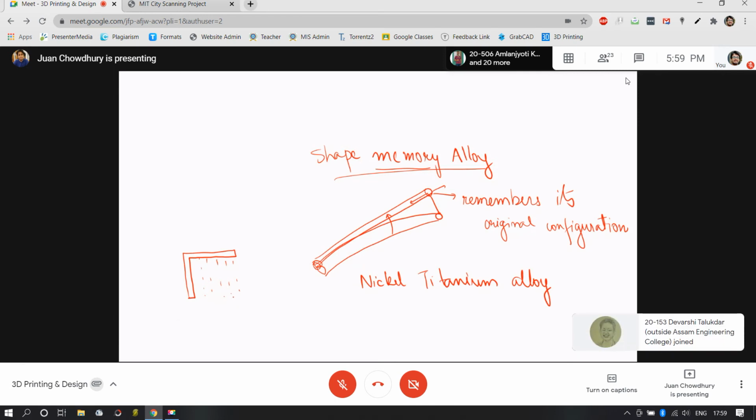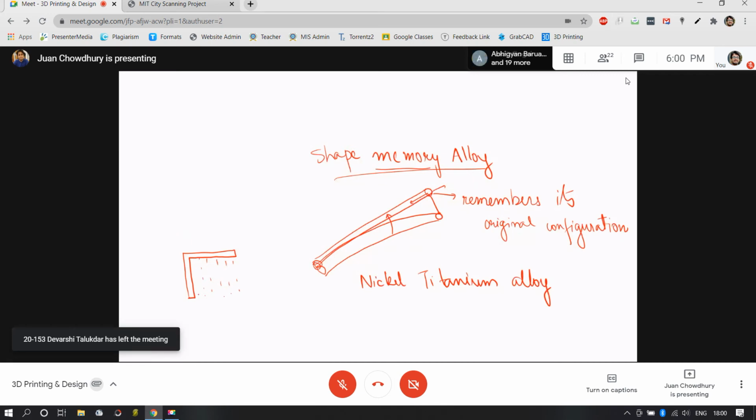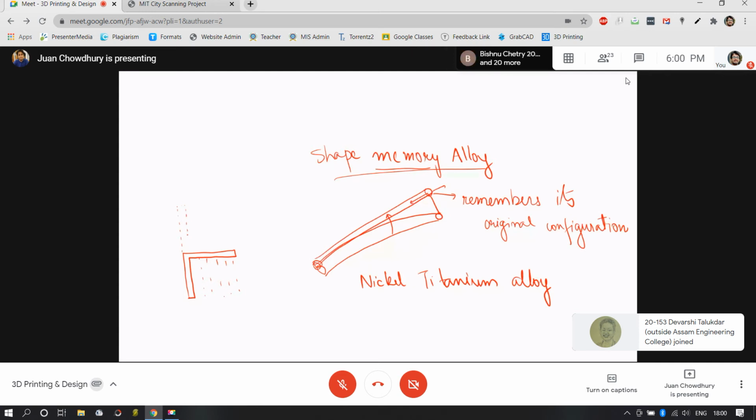Now, if I make this object out of a shape memory alloy, of which the memory is L-shaped, but upon application of heat it undergoes a vertical transformation, which means that while I'm printing it, I can print it vertically, lay one layer upon each other, but as it cools down, it will slowly deflect and then come back to its original shape without any requirement of support.